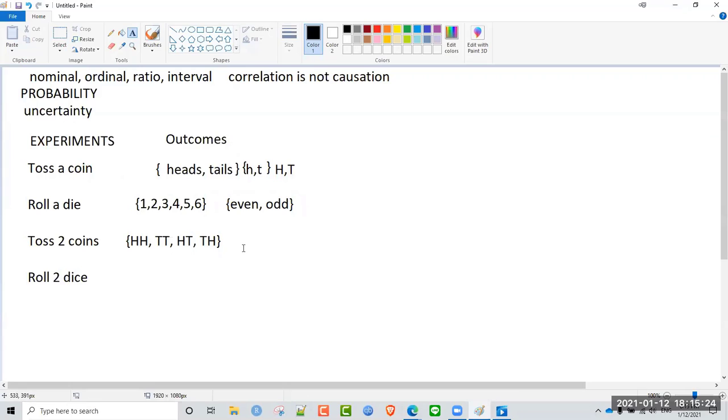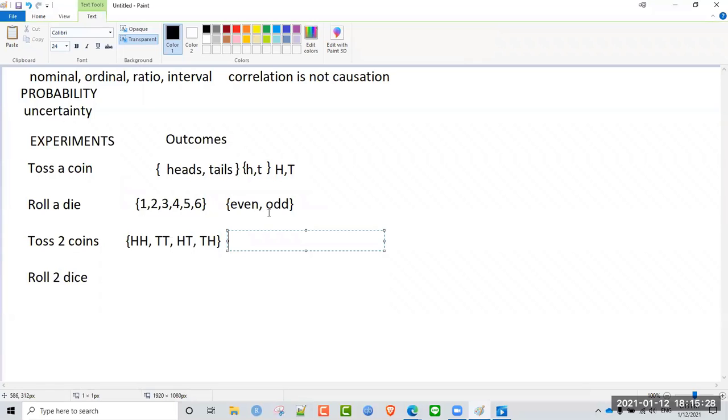Anyway, this is one way. Is there any other way? Like here, we had this and this. Anything else? Any other way? I have one other idea, but anybody have any other ways?